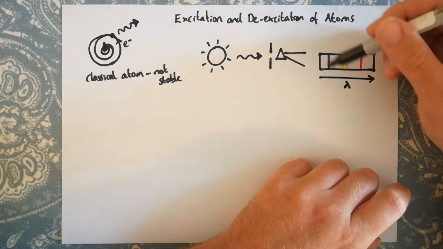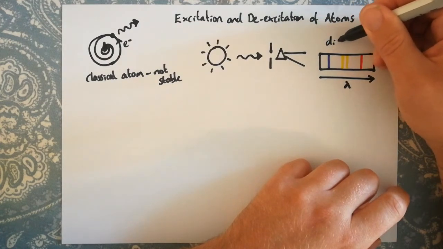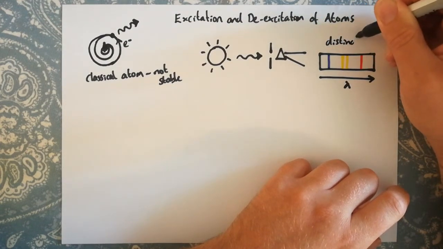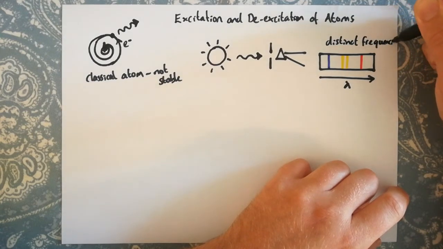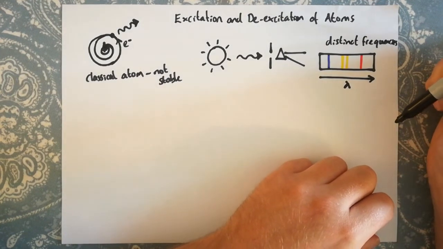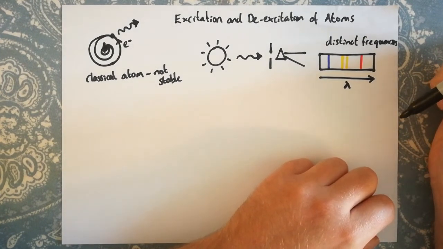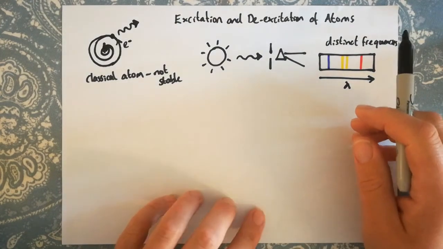These spectral lines have distinct frequencies, and there's no way that the classical model of the atom could explain that. So there are two really key failures of the classical model of the atom.